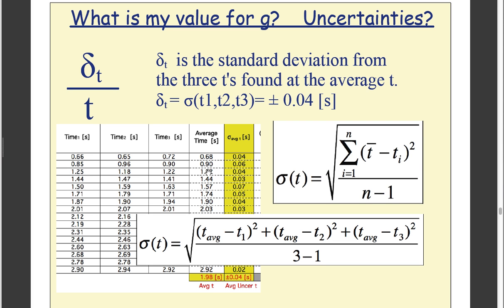So it'd be 1.22 minus 1.25, and then square it, plus 1.22 minus 1.18 and square it, plus 1.22 minus 1.22 squared, and that one's 0. And we divide by 3 minus 1 because there's 3 data points. And then we take the square root. And so we state the uncertainty as plus or minus that standard deviation.